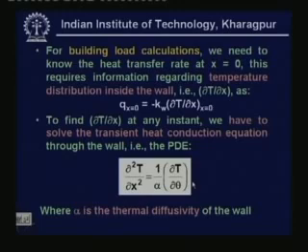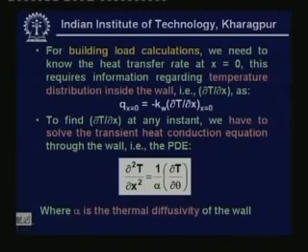Now for building load calculations, we need to know the heat transfer rate at x equal to 0. As I have already explained, we need to know the heat transfer rate from the inner surface of the wall to the conditioned space, that means from x equal to 0 to the conditioned space.